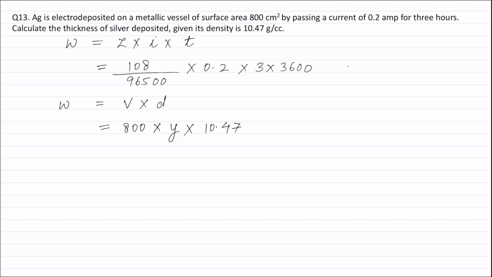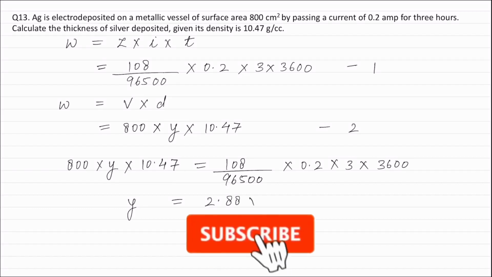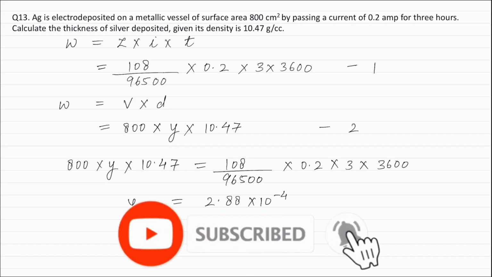Now from equation 1 and equation 2, we can write 800 into y into 10.47 is equal to 108 divided by 96500 into 0.2 into 3 into 3600. Solving this equation, the value for y is equal to 2.88 into 10 to the power minus 4 centimeter.